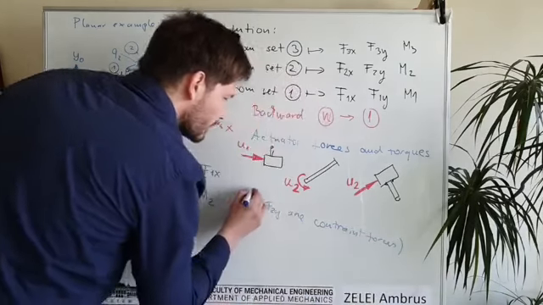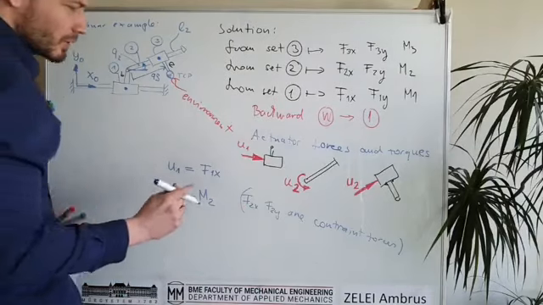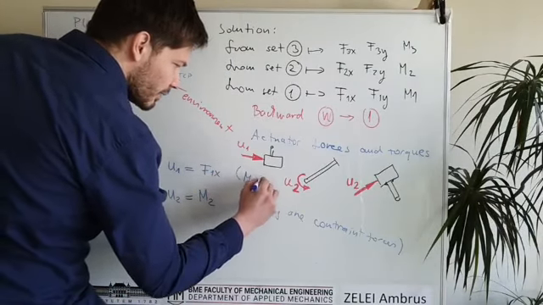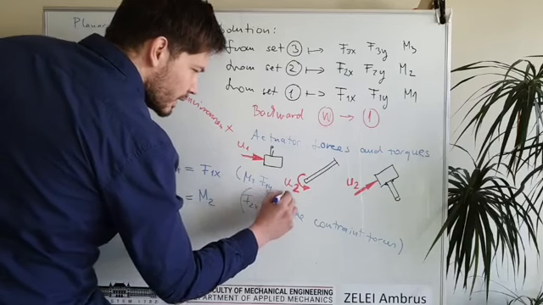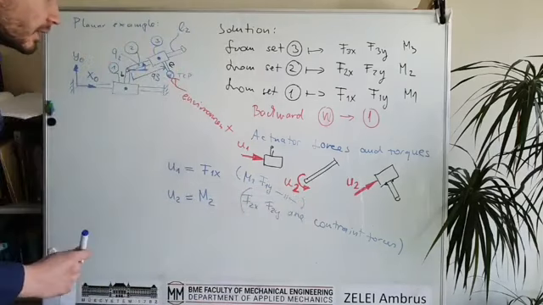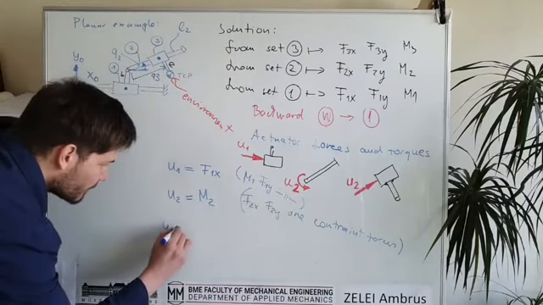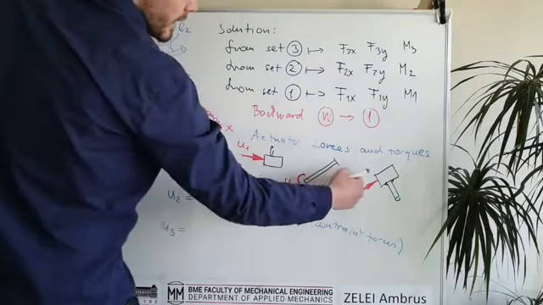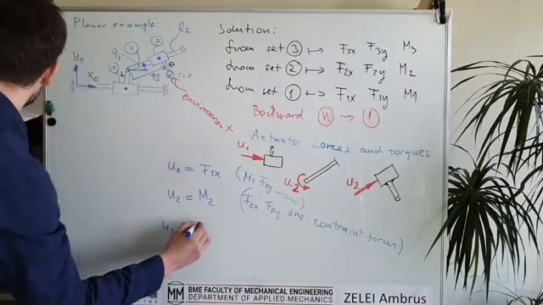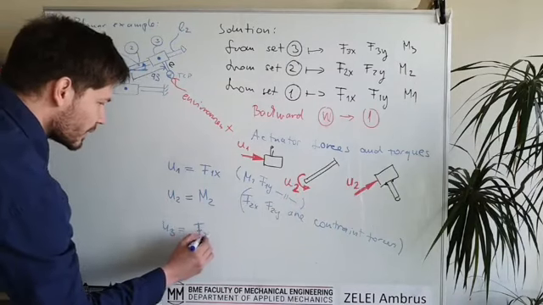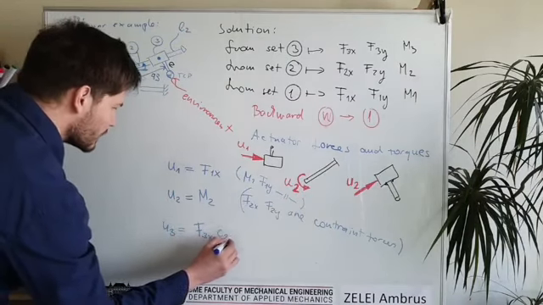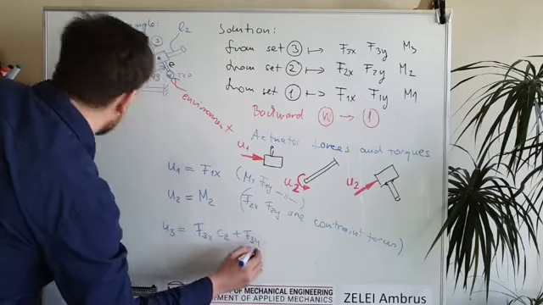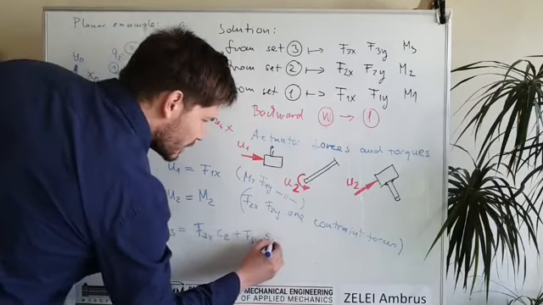F2X, for example, and F2Y are constraint forces. They are not active forces, they are provided by the constraints. And here this is the same. So M1 and F1Y are also constraint forces. And U3 is equal to, if you take the free body diagram, you will see that it will be equal to F3X times cosine Q2 plus F3Y times sine Q2.